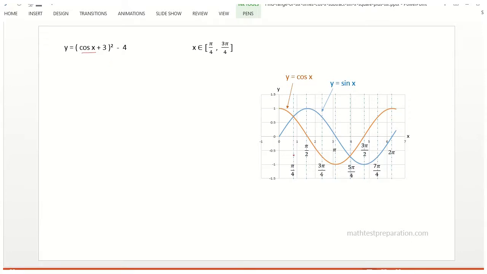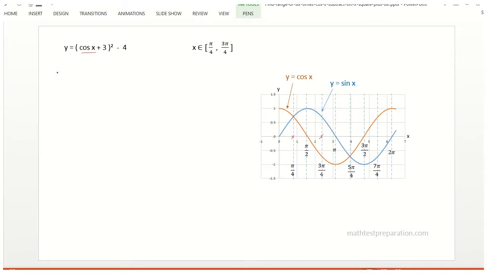When x is from quarter pi to 3/4 pi, in the range of x, y is monotonic decreasing. So the maximum value of y is when x is quarter pi. The minimum value of y is when x is 3/4 pi.